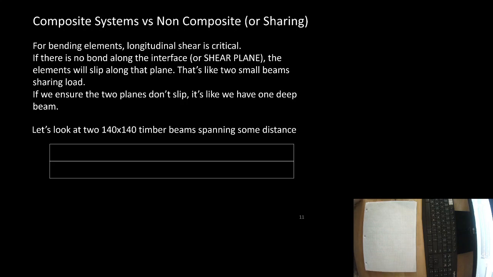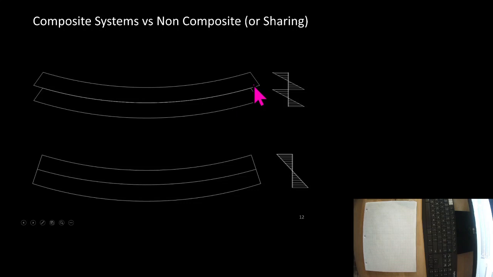So, if we have a 140 by 140 beam glued onto or sitting on another 140 by 140 beam. So both of these are 140 by 140, and here's its length of some distance. If it was non-composite, you'd see it slips along this longitudinal shear plane. And so this is the maximum stress, maximum stress, maximum stress, maximum stress.